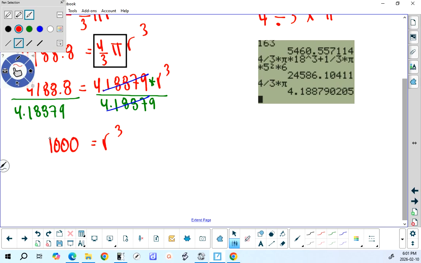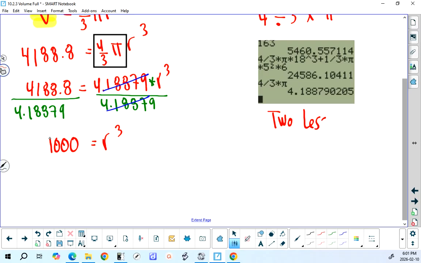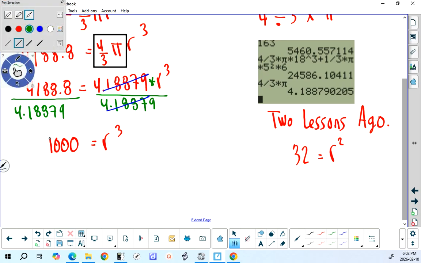Now, let's go back to 2 lessons ago. That number, 1,000, is not the radius. But in one of these lessons, a couple of lessons ago, we solved problems where you ended up having r squared equals, let's say, 32. And that meant that we had to take the square root of both sides.